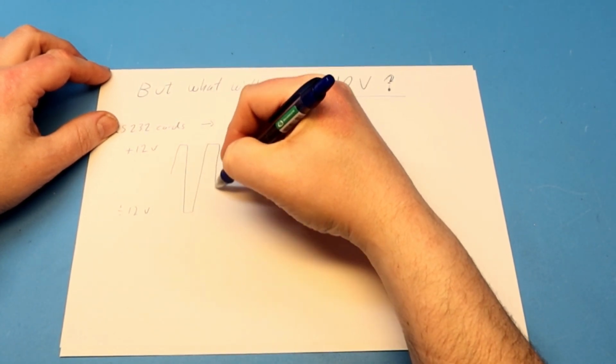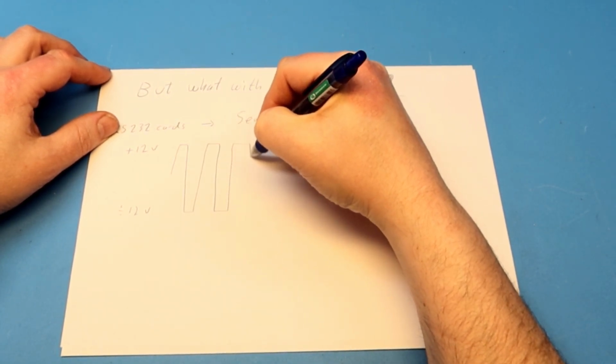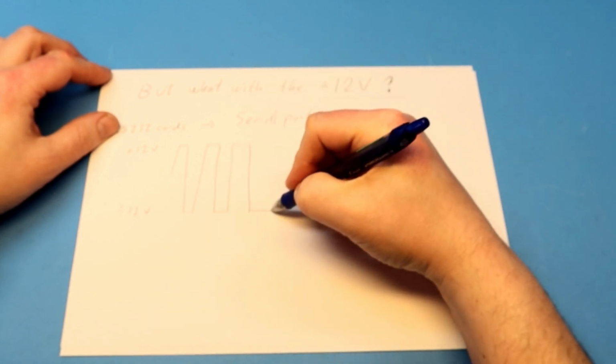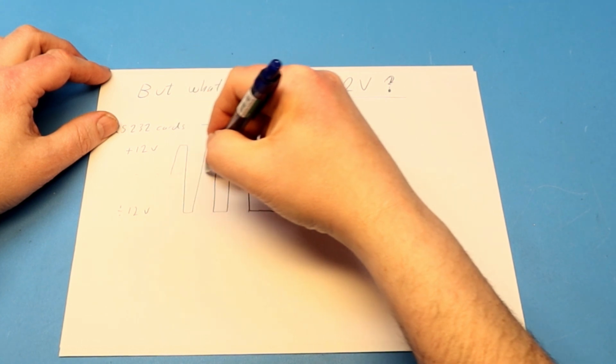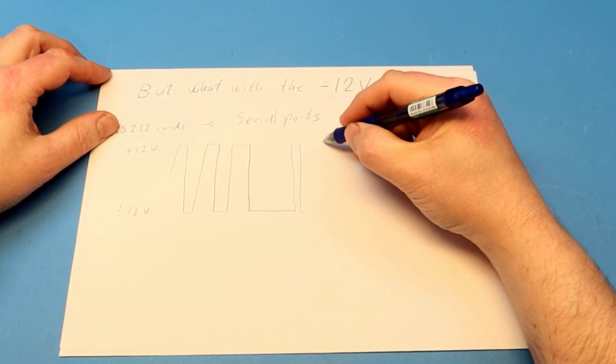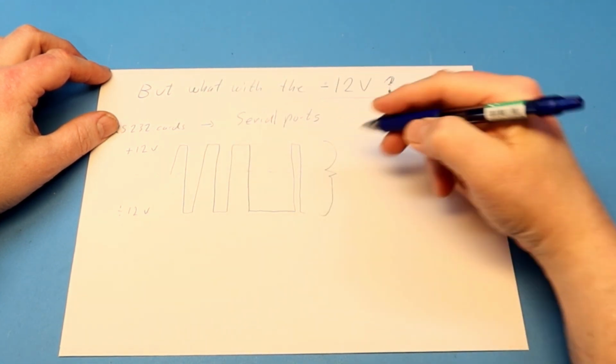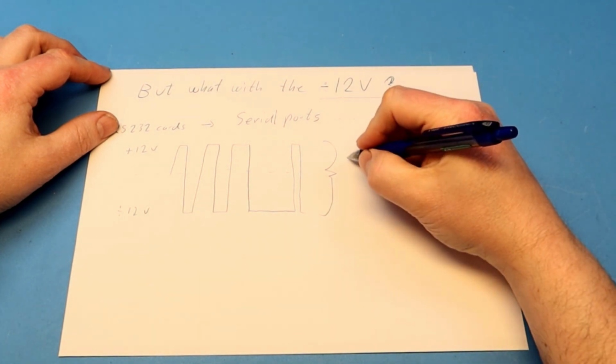So it probably is just a matter of time before the specification says you only supply 12 volt to a motherboard, and all the other supply voltages that you need will be supplied via the motherboard.